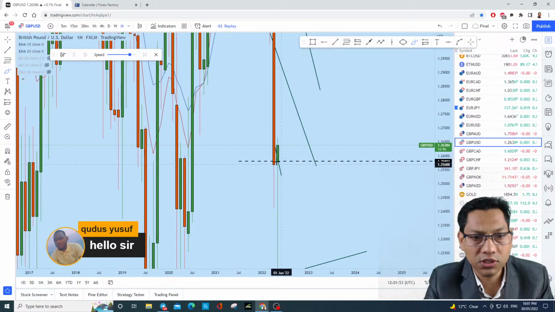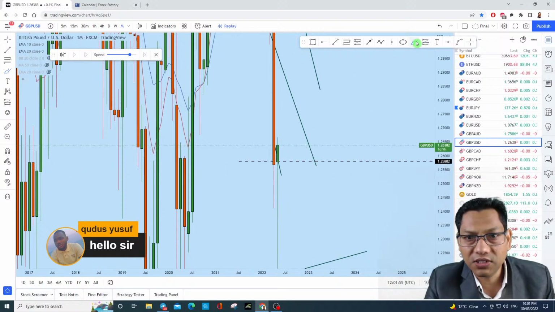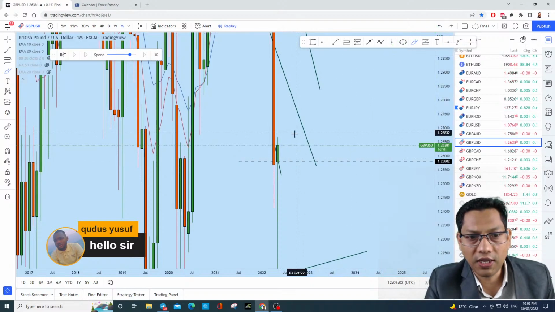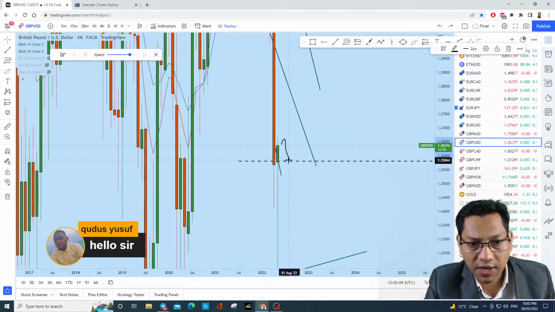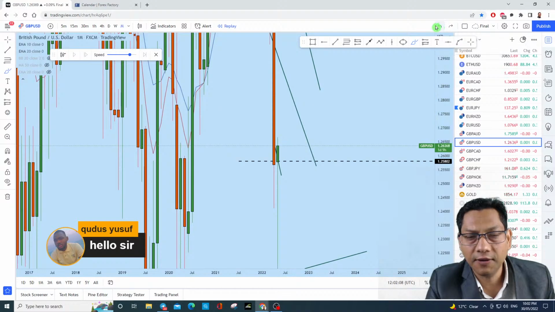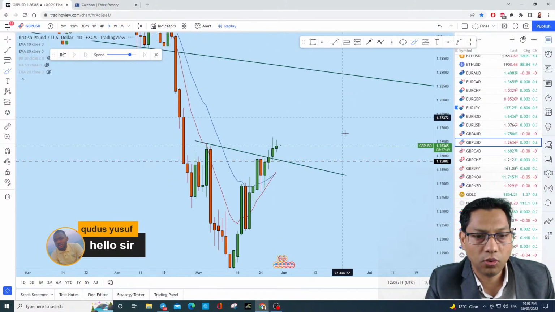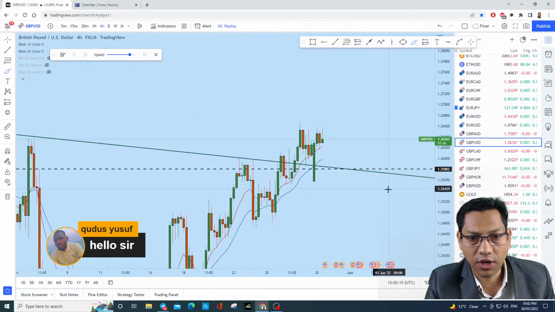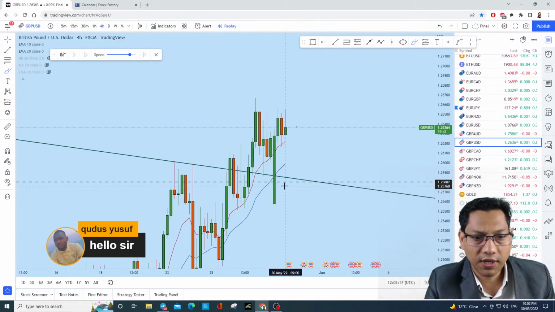If this one closes as a pin bar, we might first see a little bit up and then coming down and then going up. So when it goes up a little and comes down, that is where the buying opportunity is for this move to the upside.